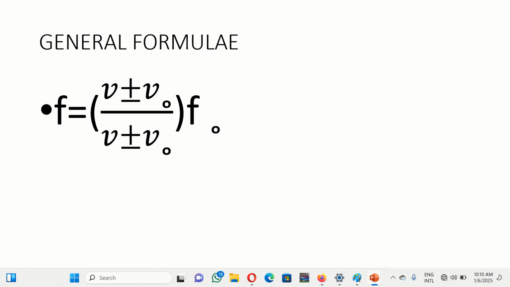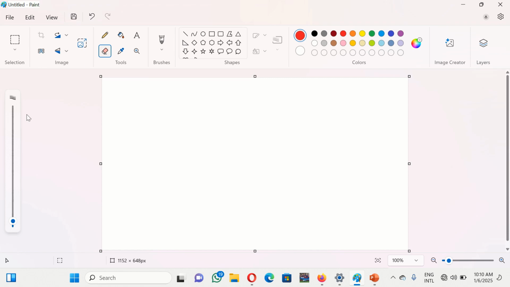The V that we see here is the velocity of sound in air, which is constant. Let me bring the thing here to make it simple for you.